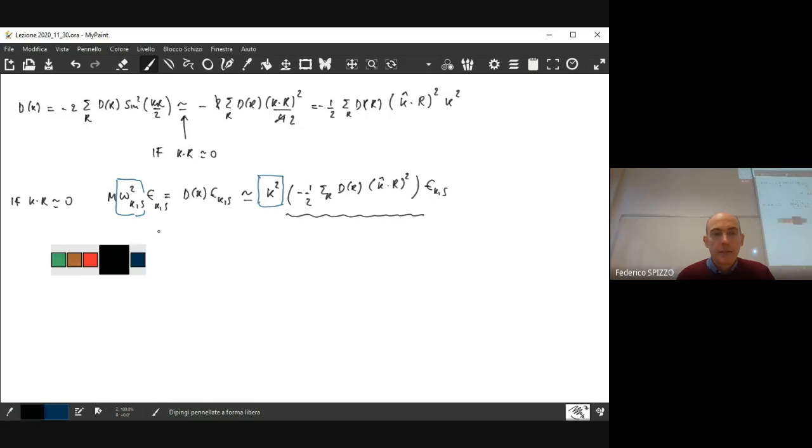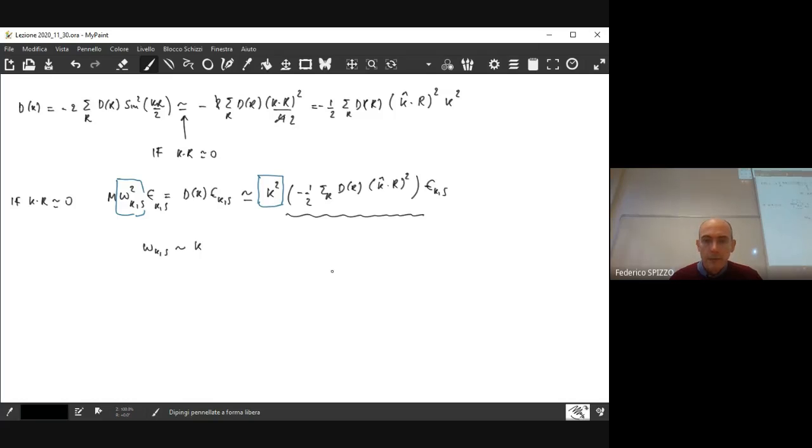So for small values of this scalar product, if k times r is small, then omega ks is proportional to k modulus. So what we expect is that when k is close to 0, the omega versus k dependence is linear.